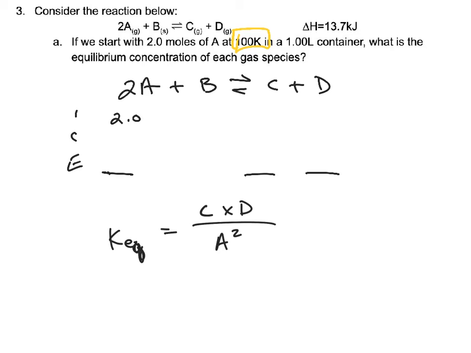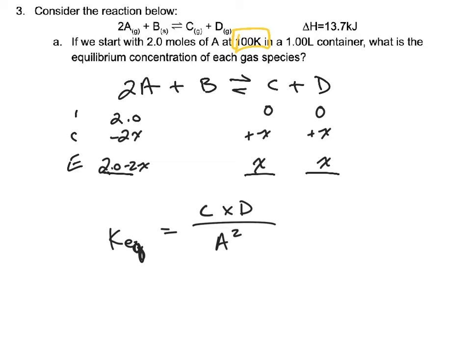And since we didn't start with any C or D, we only started with 2 moles of A, C is going to increase by some amount, D is going to increase by the same amount, and A is going to decrease by 2 times that amount. And so in our KEQ expression, we actually can solve for the x values, because 0 plus x is x, and 2 minus 2x is 2 minus 2x.